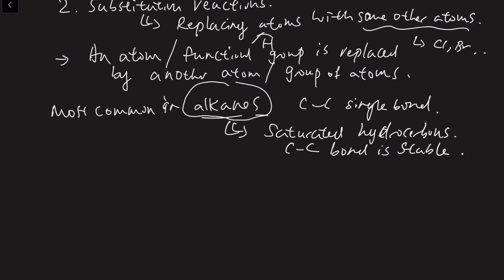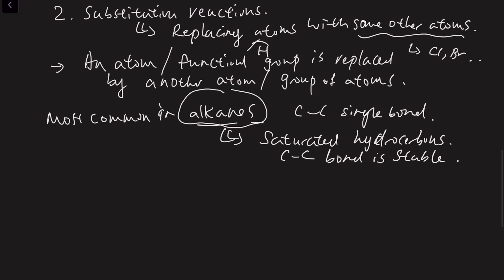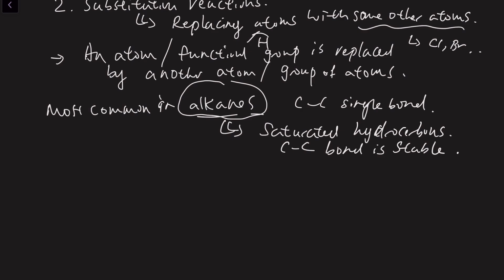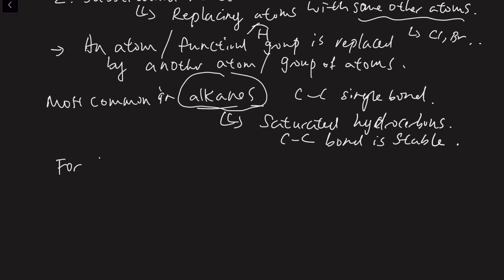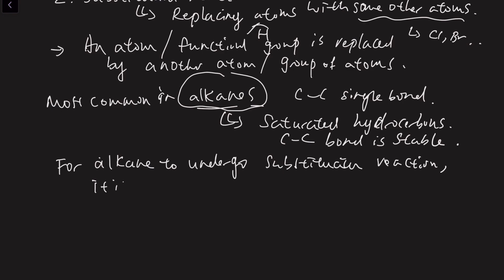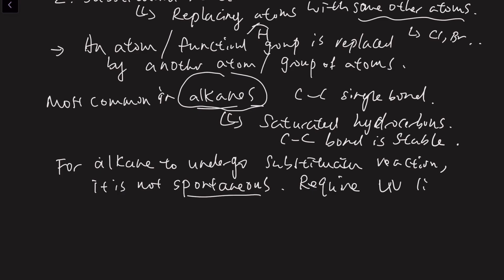And because we know that carbon-to-carbon single bond is stable, then if we want alkane to undergo substitution reaction, it is not spontaneous and requires UV light as catalyst.